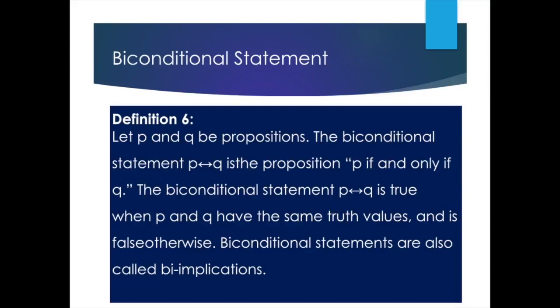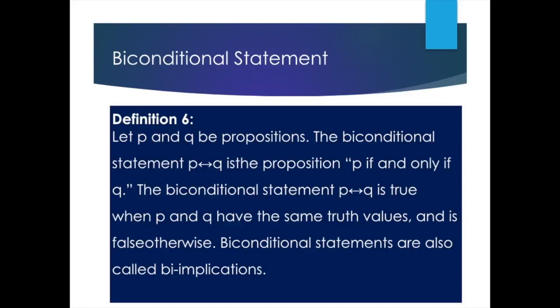The biconditional statement is the proposition P if and only if Q. This is where you will find most mathematical theory used. The biconditional statement is true when P and Q have the same truth value and is false otherwise.